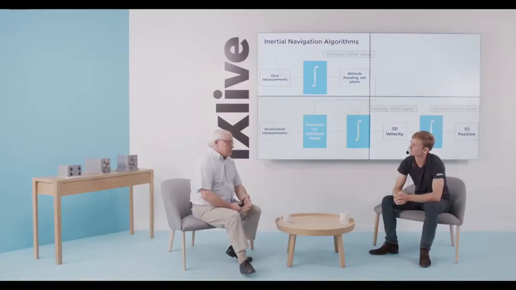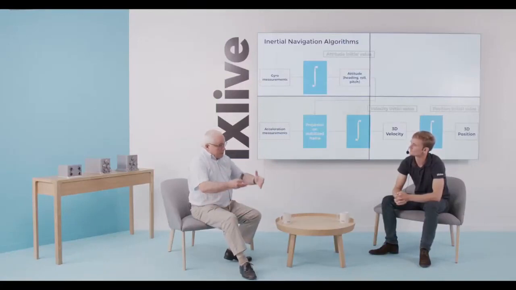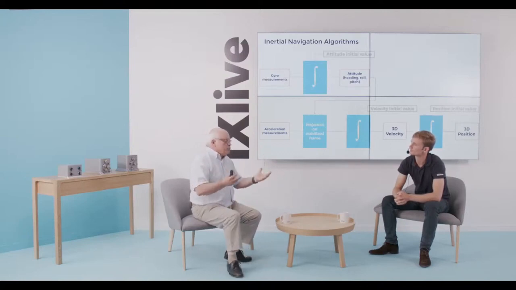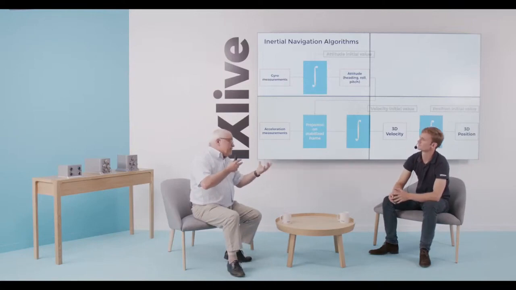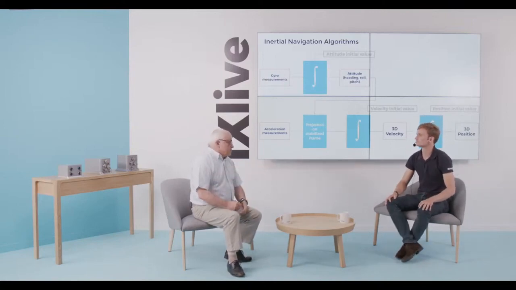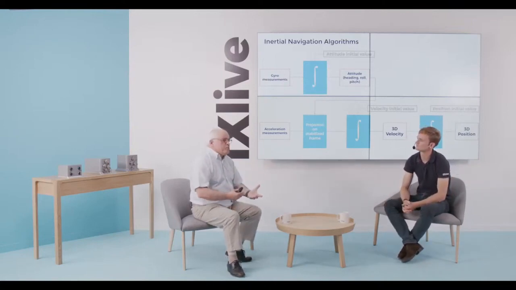Yeah. So there are a lot of constraints. And for the magnetic system also, if you are close to a metallic bridge or in a metallic hangar, then this environment will be disturbed. The Earth magnetic field will be disturbed, and the measurement will not be accurate.